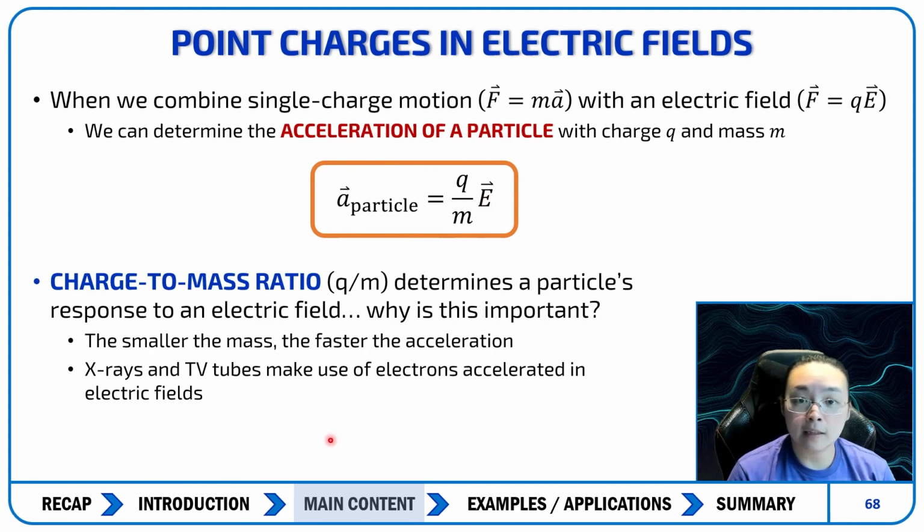If we take a look at this, it tells us what a charge to mass ratio will do. The smaller the mass, the larger or the faster the acceleration. So a lot of X-rays and cathode ray TV tubes make use of electrons that are accelerated in electric fields so that we can take advantage of this phenomenon.